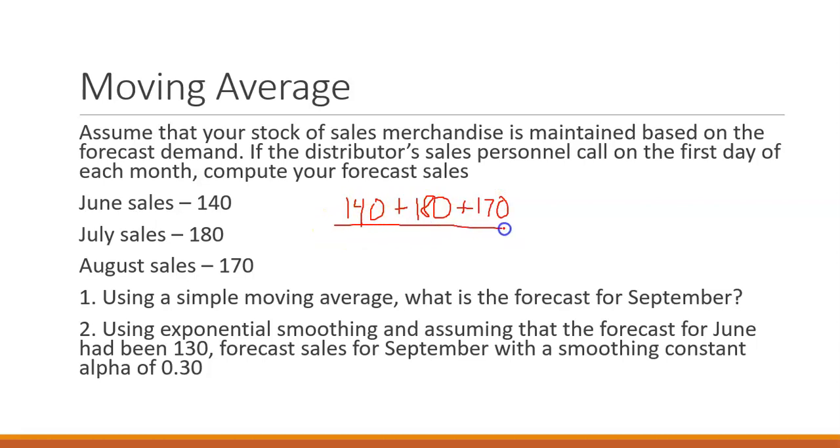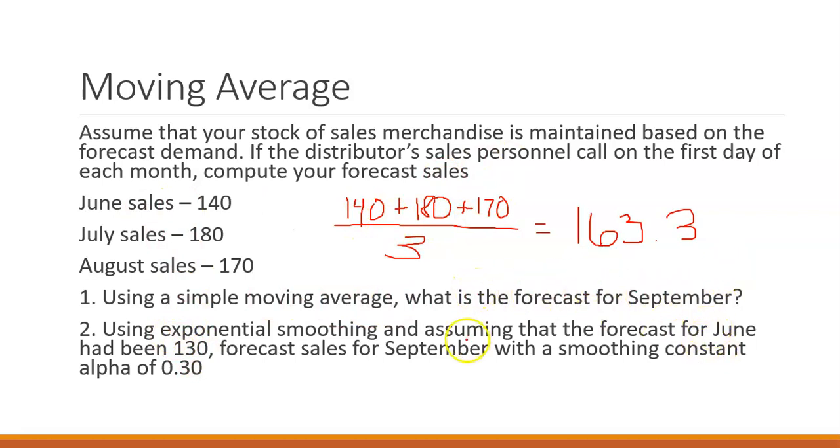We would add those together and divide by 3. So if we calculate those out, our demand for September equals 163.3. Okay, so that's just the simple moving average.